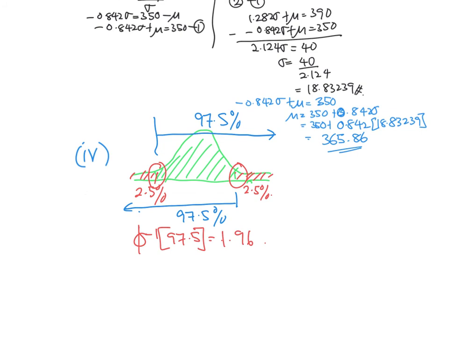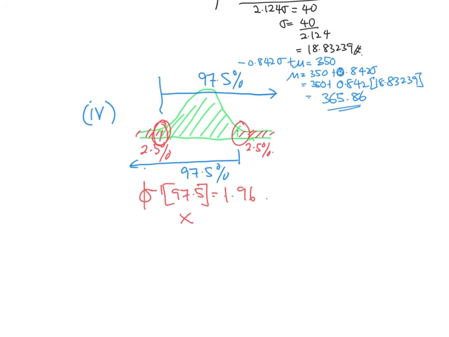For the left region, if I want to find the x value, x minus 365.86 over the standard deviation, which is 18.83239, this is equal to negative 1.96, sorry, minus 1.96, not positive.